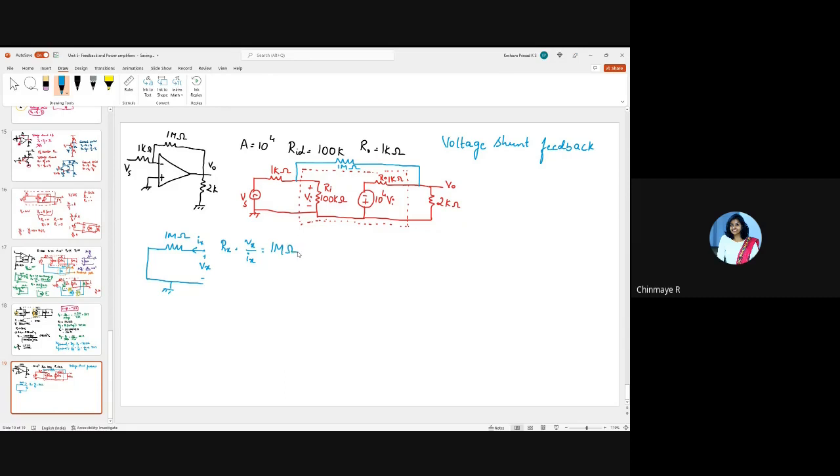Now similarly, can you tell me, this is on the output side, okay? This is on the output side. Now similarly, can you tell me what's on the input side? What should you do to find out what is the resistance seen due to the feedback resistor on the input side?